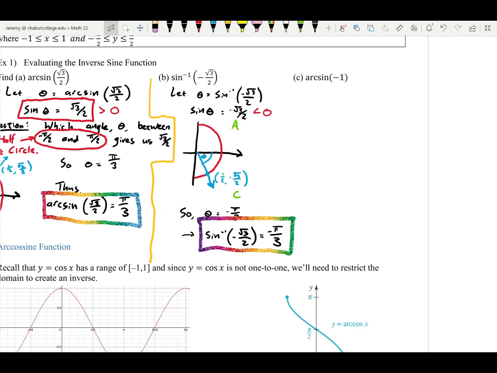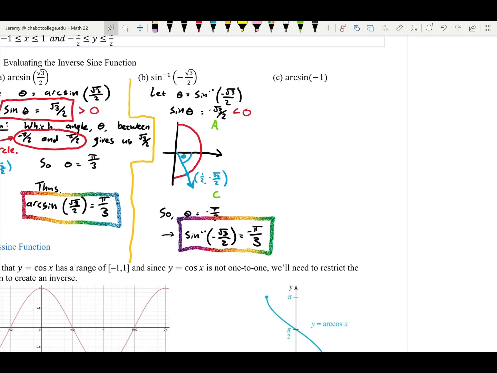Okay, we've got one more here. What about arc sine of negative 1? Okay, well again, I want to set this up. Let's let theta equal arc sine of negative 1. So then sine of theta is equal to negative 1. It's just easier to think about it this way.